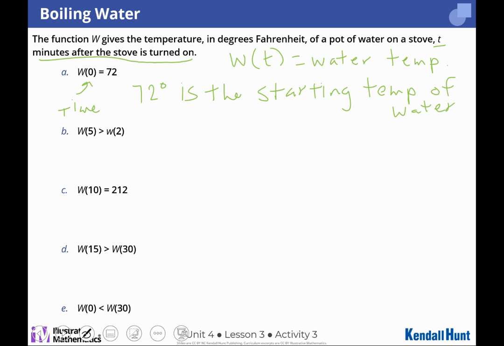All right, the next statement, W of 5 is greater than W of 2. That means that the temperature was greater after 5 minutes than it was at 2 minutes.